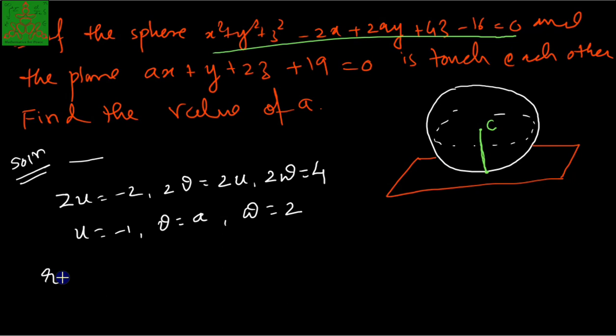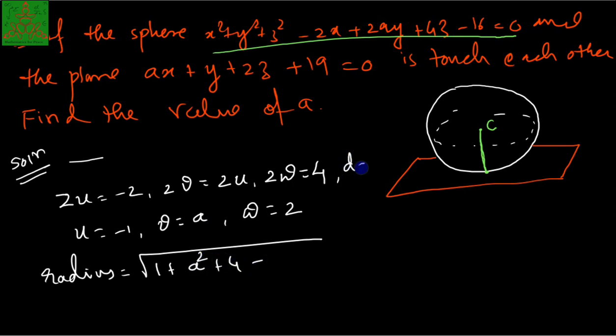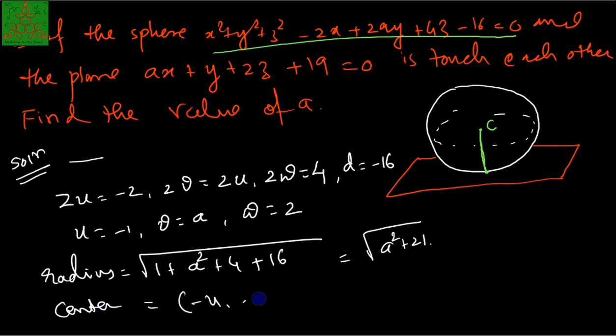Therefore the radius is the square root of u square, that is 1, plus v square, that is a square, plus w square, that is 4, minus d, and the value of d is minus 16, so minus minus is plus 16. That gives you the square root of a square plus 21 as the radius, and the center will be minus u, minus v, minus w, so that will be 1, minus a, minus 2. So this is the value of the center and the radius.